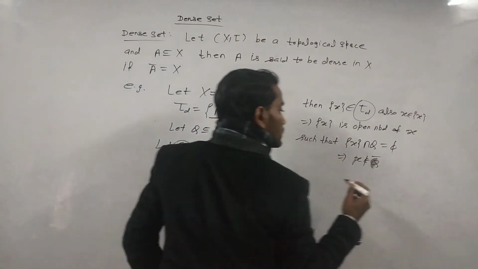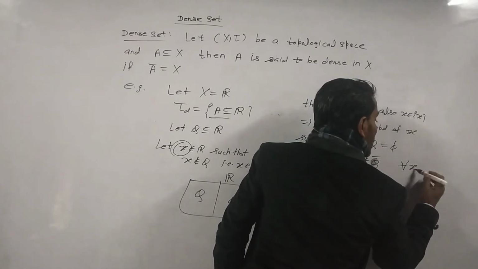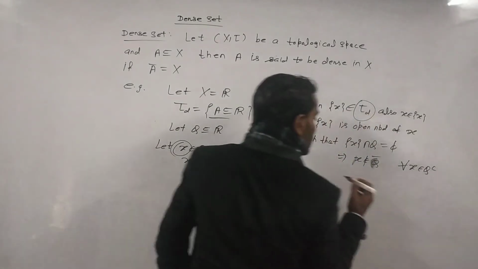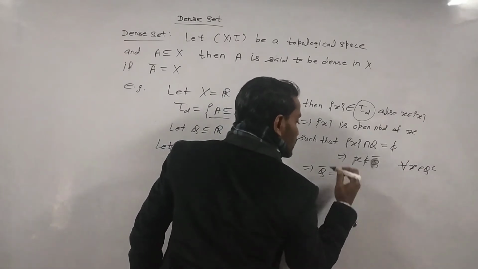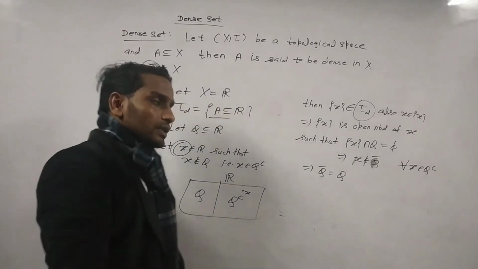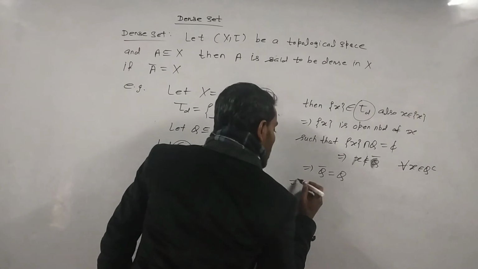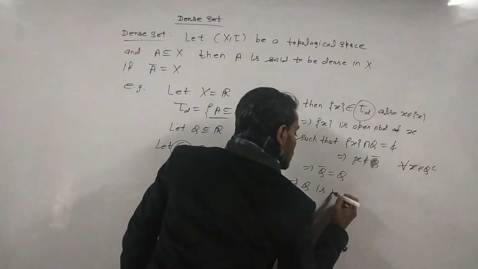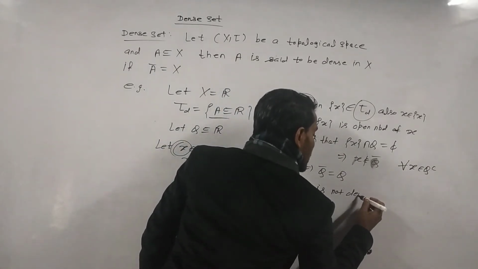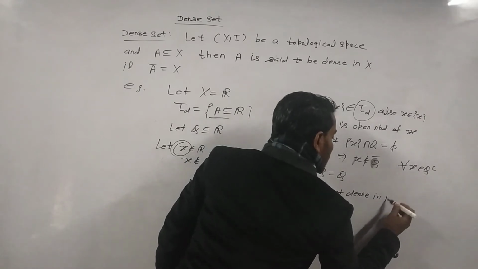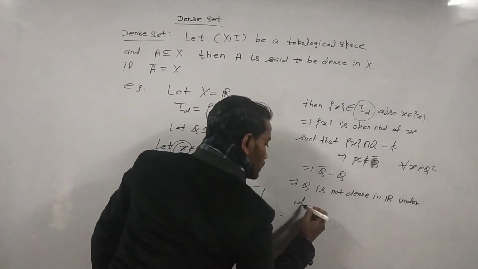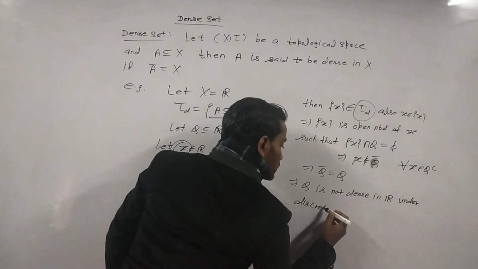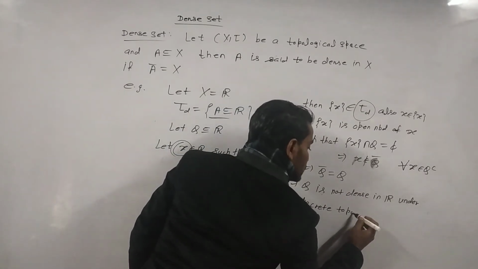This means for all X belonging to Q complement, Q closure will be only Q itself. This implies Q is not dense in R under discrete topology.